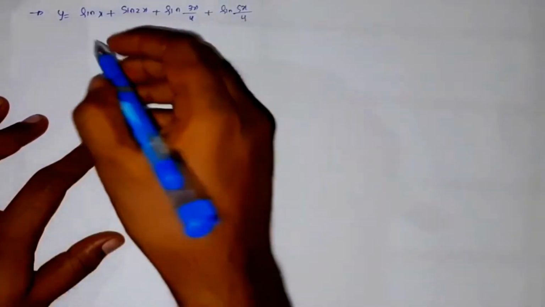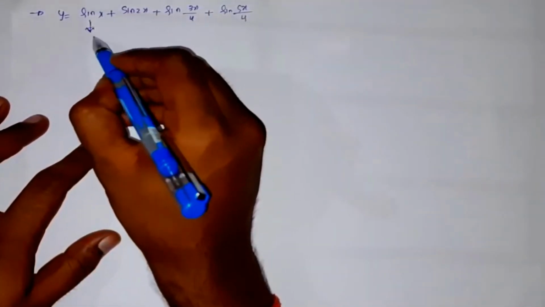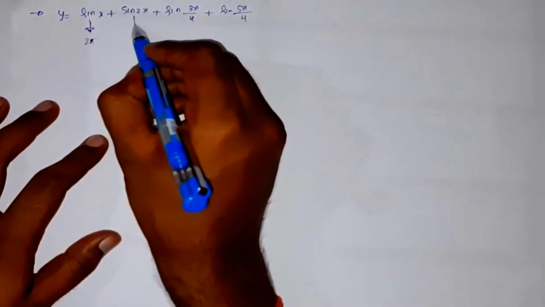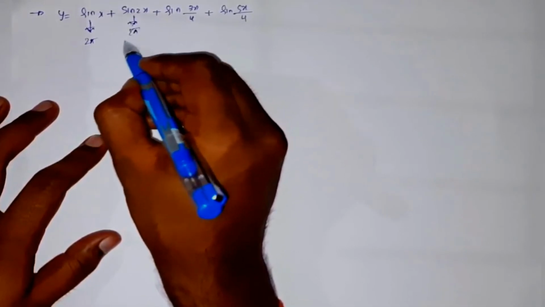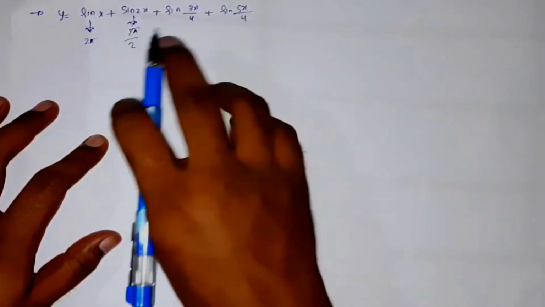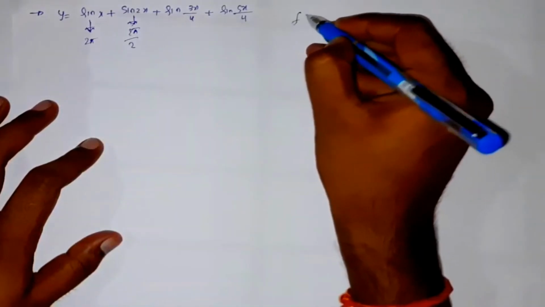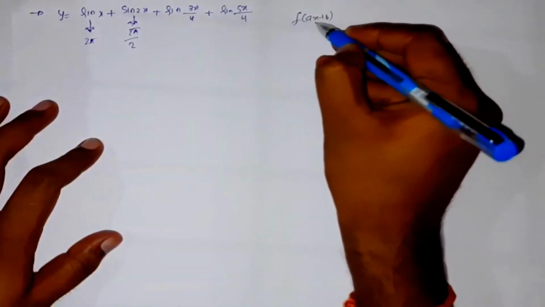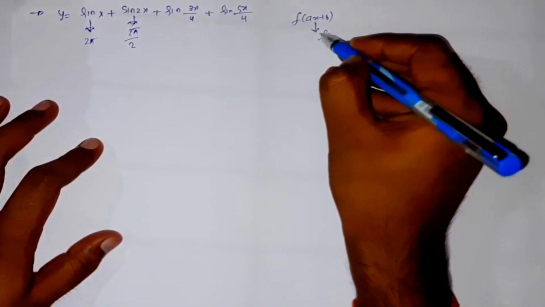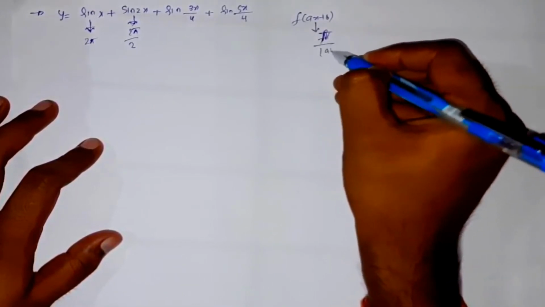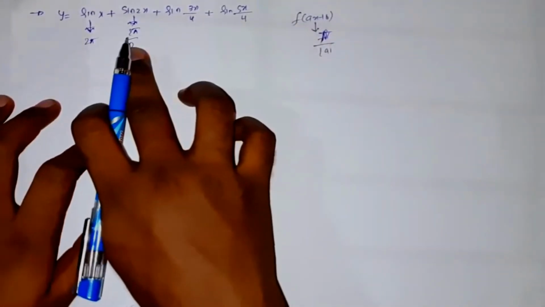Okay, the fundamental period of this function. So we know the period of sin x is 2 pi. The period of sin 2x will be 2 pi by 2. As in the previous note, I have already told you, f of ax plus b, the period will be t divided by mod of a. Similar thing I am doing here. Okay, hope it is clear.